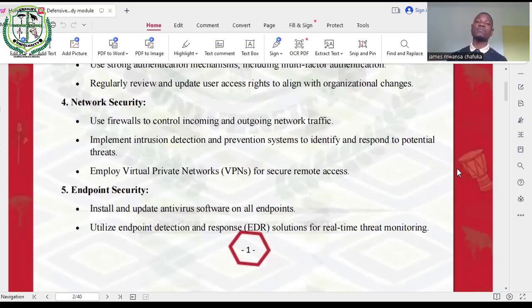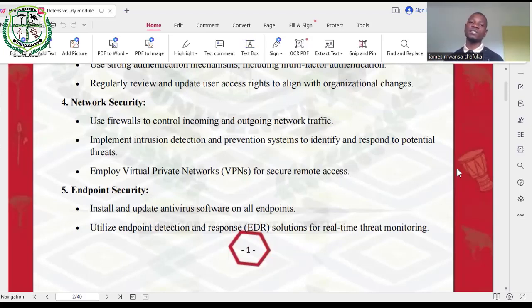Hence, the system will run effectively without any challenges. It is very important to consider the use of IDS and IPS.